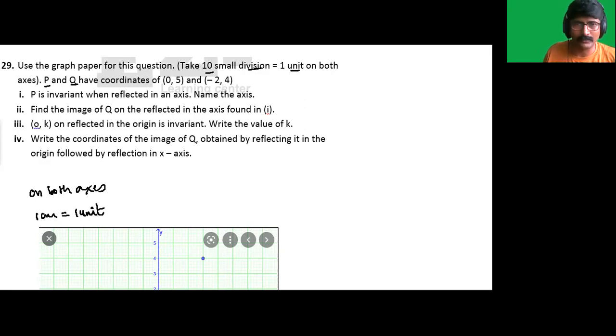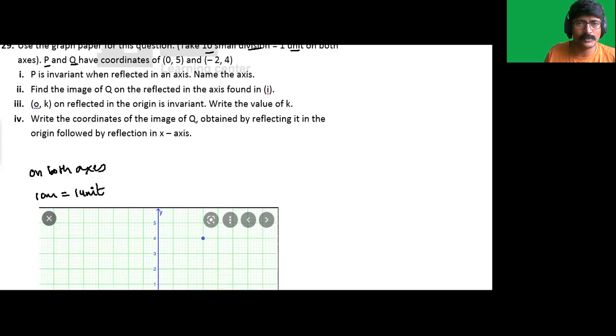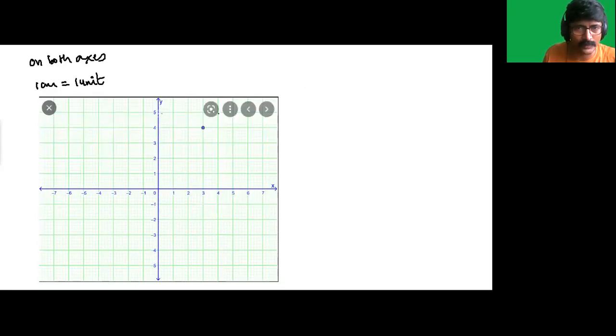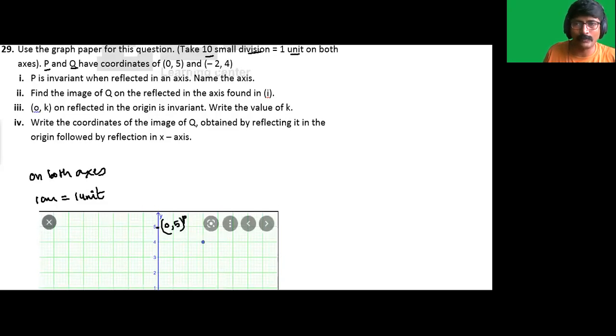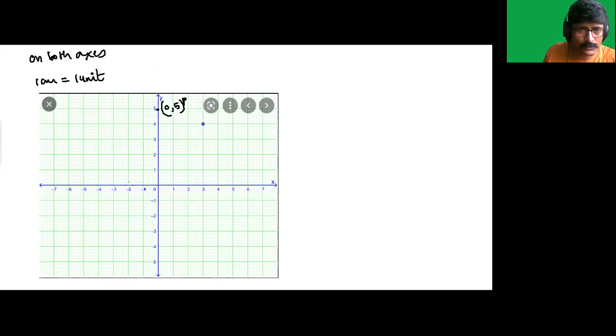Now, let's write it down over here. Where is P, 0, 5? Where is 0, 5? It's over here. P is 0 comma 5. This is point P. So 0 and then 5, isn't it? 0 comma 5. And minus 2 comma 4. Where will minus 2 comma 4 be?